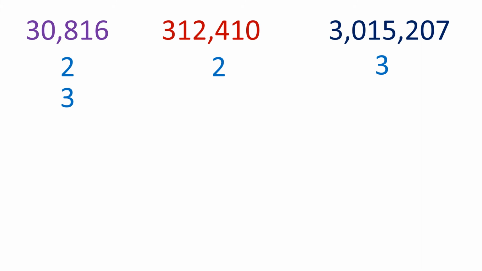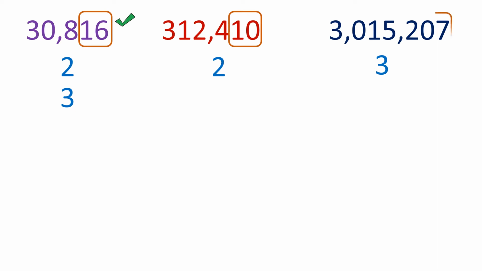For the first number, we have the last two digits, which is 16, and it is divisible by 4, which also applies to the whole number. Also, we have the last two digits for the second number, and it's not divisible by 4 because it's 10. That means the whole number 312,410 is not divisible by 4.